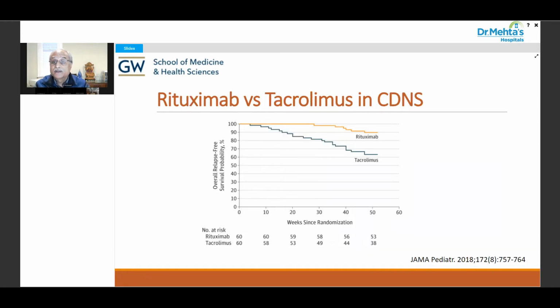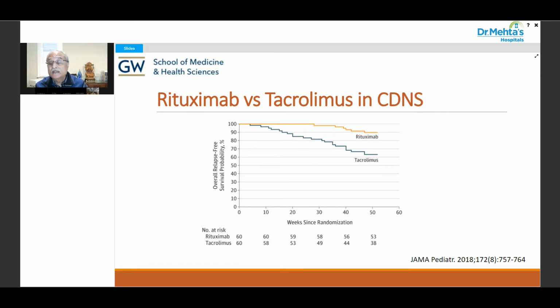The second study that I really want to reflect upon is the value of rituximab, particularly in steroid-dependent nephrotic syndrome. This data is from JAMA Pediatrics. It comes from Koketa. And this shows some significant relevance of rituximab in this set of patients.